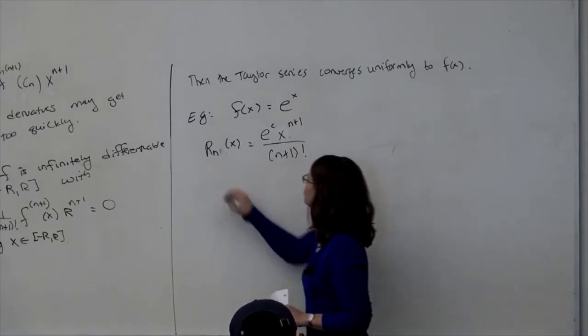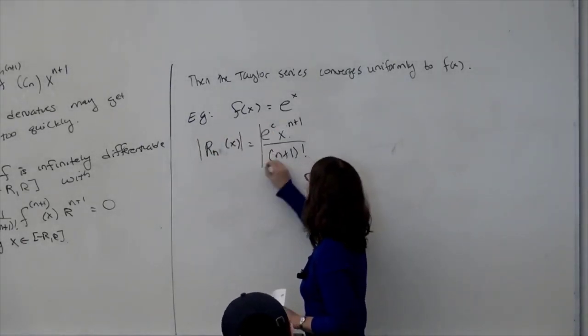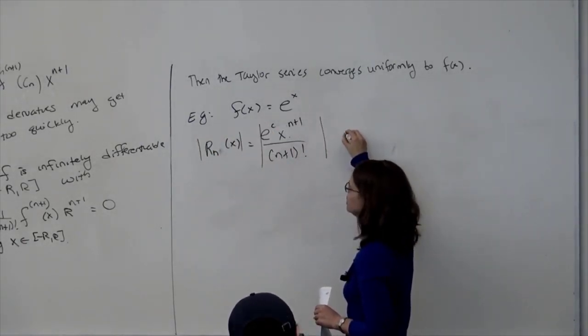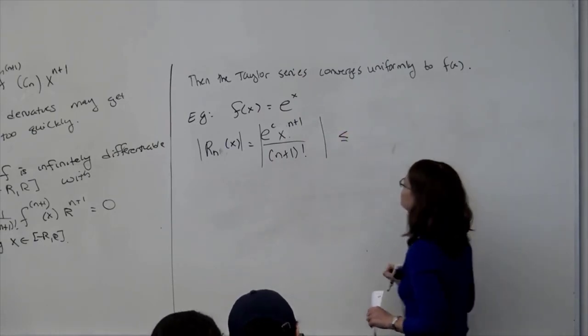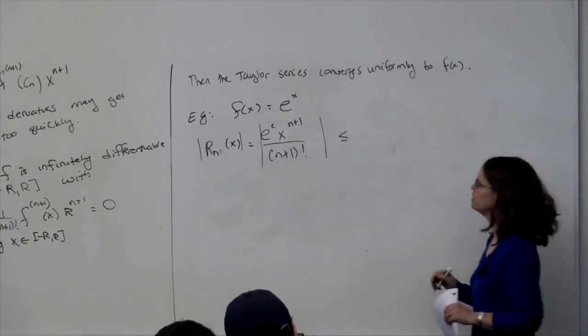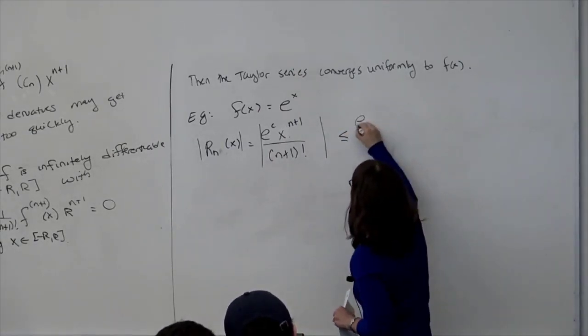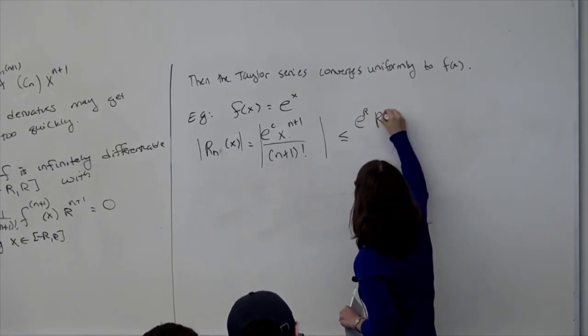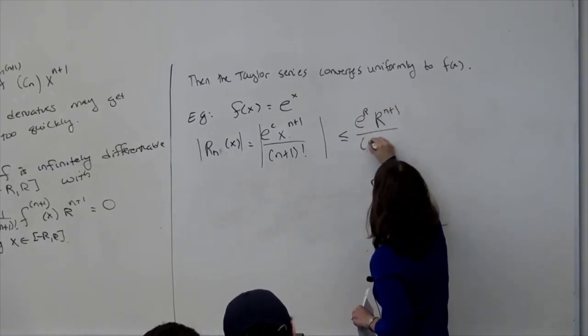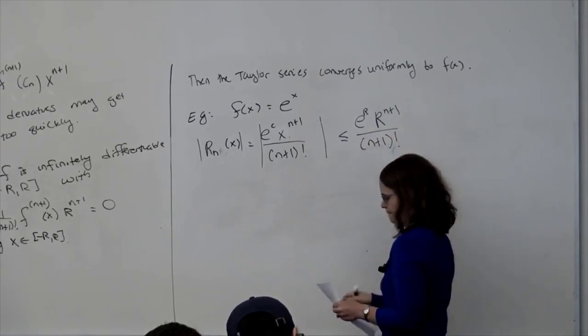And then we say, well, what's the worst case this could be? The worst this could be is if we come up right to the boundary of our domain. And we have e to the r, r to the n plus 1 divided by n plus 1 factorial.